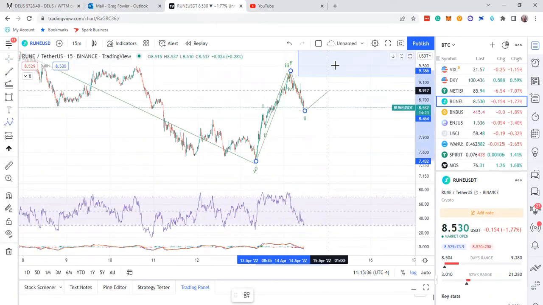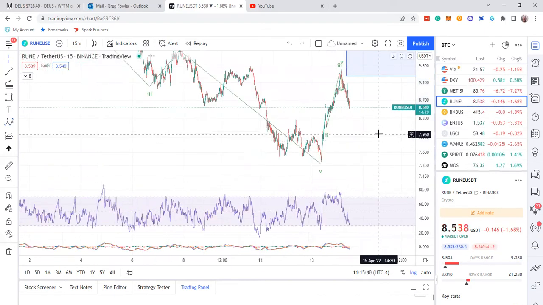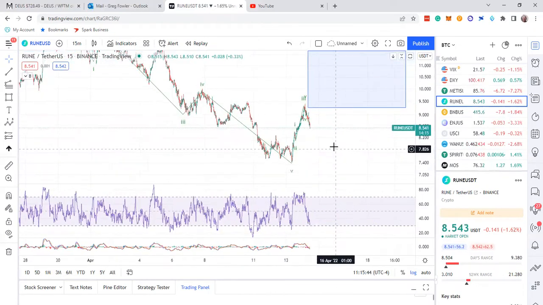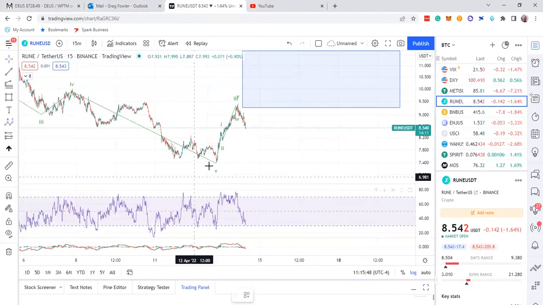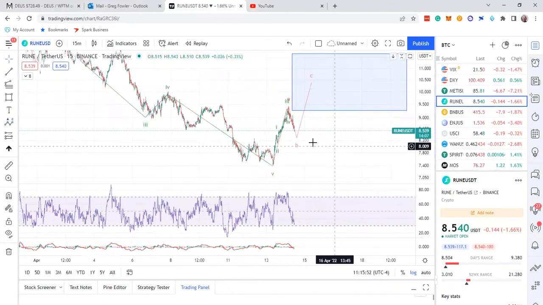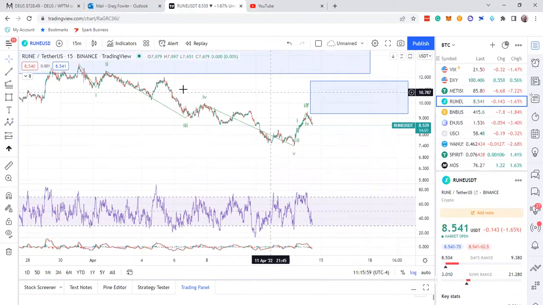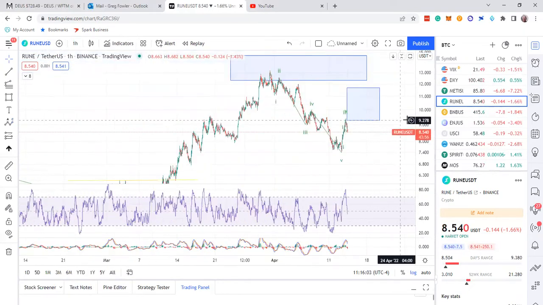Here's 1, 2, 3, 4, 5, right? The problem is that if this is a 5 wave over here, then this is going to be a 3 wave move like this over here. That'd be an A, down for a B, and up for a C. Okay, 5s and 3s, guys. Fibonacci levels, 5s and 3s. So I'm open for other opinions, but that's what I see, guys.